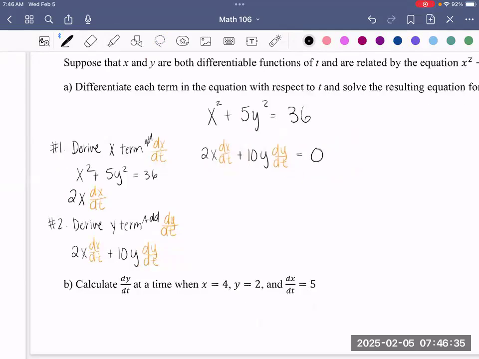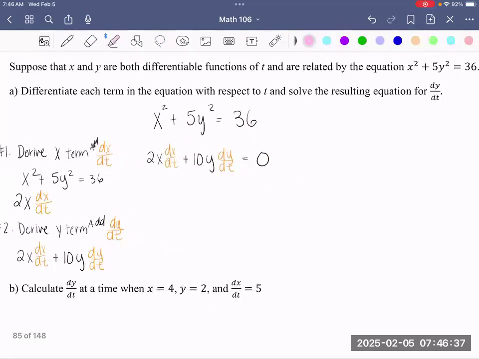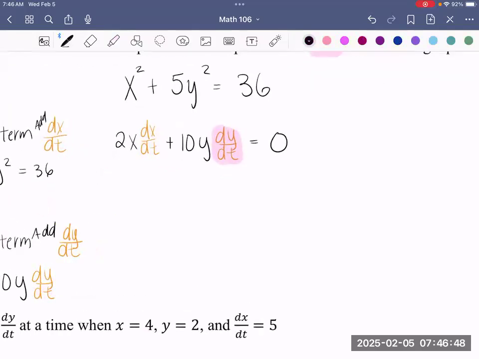Now, it does ask us to solve for dy/dt. That means that this term needs to be isolated. So let's isolate that particular term. We can bring your 2x dx/dt over to the other side, subtracting it over.